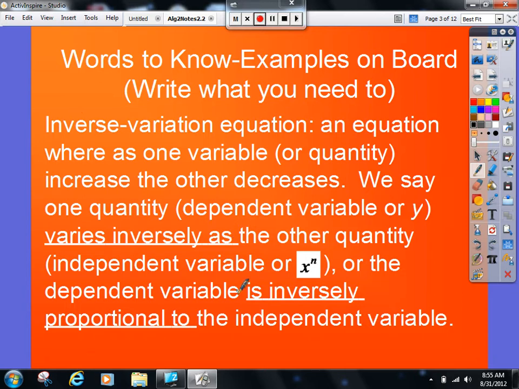We say one quantity varies inversely as the other or is inversely proportional to. So the key words we're looking for today in any word problems are varies inversely as or is inversely proportional to. And this whole lesson is going to be almost identical, like I said, to yesterday, except really we're just using a different equation because it's a different relationship.